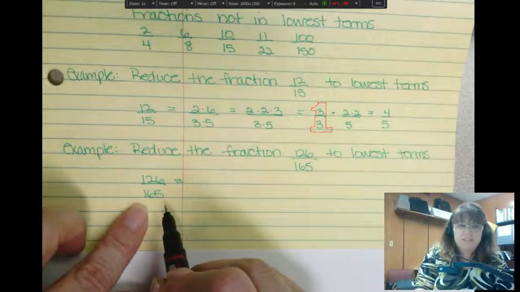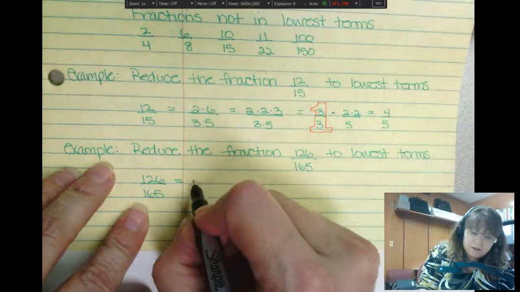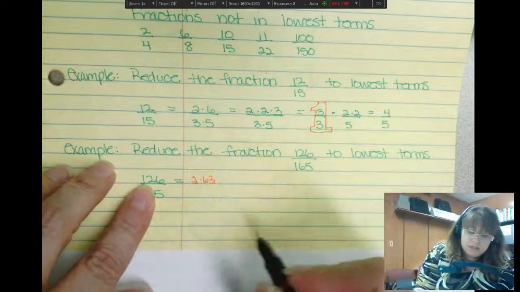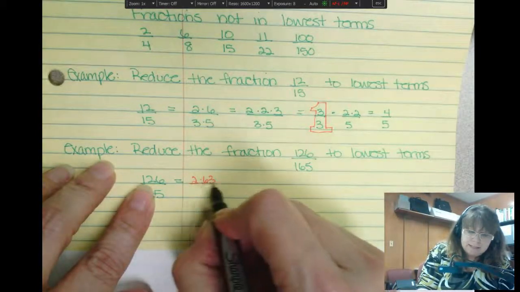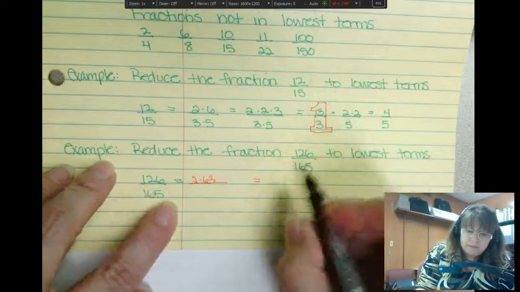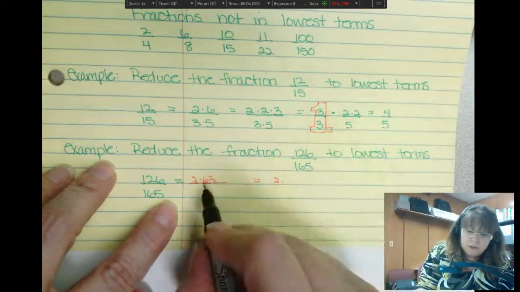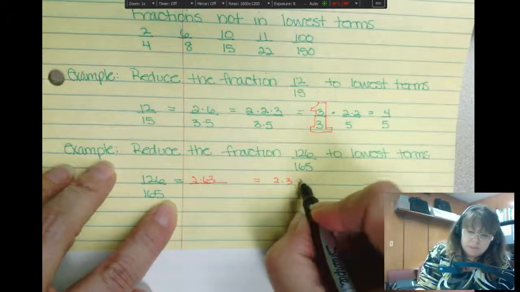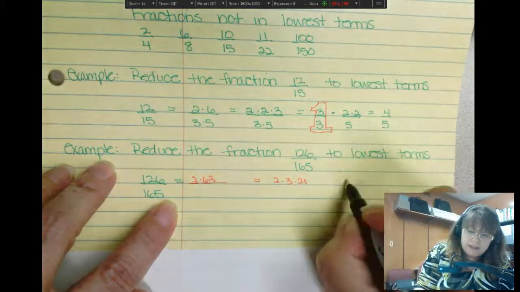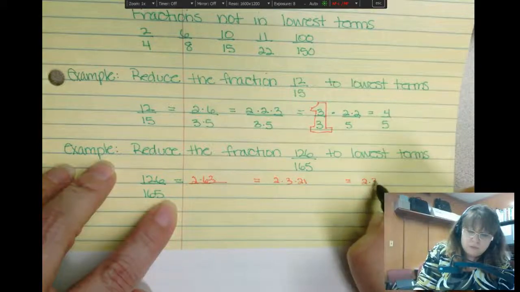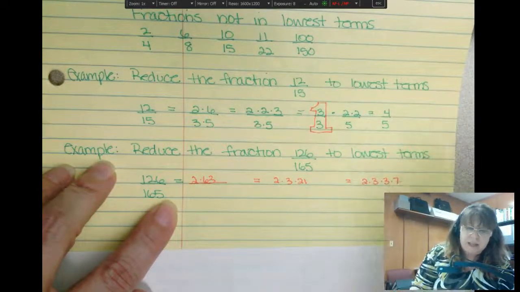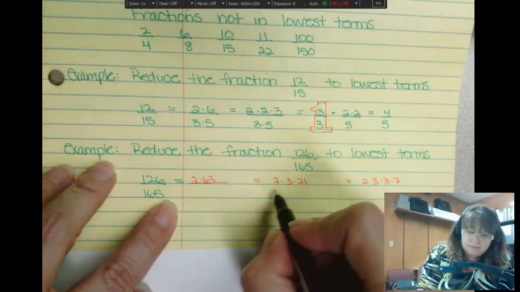So let's try another one. 126 over 165. Let's break it down. 2 times 63. Okay, I'll just work with the numerator right now. 2 times, and 3 can go into 63. 3 times 21, and 2 times 3, and then 21 can be broken down into 3 times 7, and I'm done.